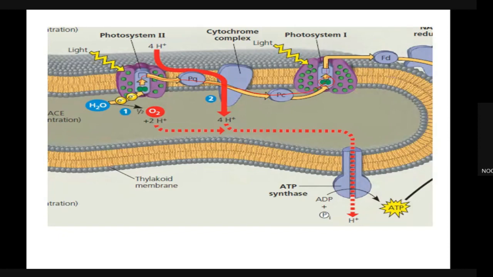And then electron from PS1 will be passed to ferredoxin and NADP+. While the hydrogen ions that are released into the thylakoid space will be used to synthesize ATP through chemiosmosis process.